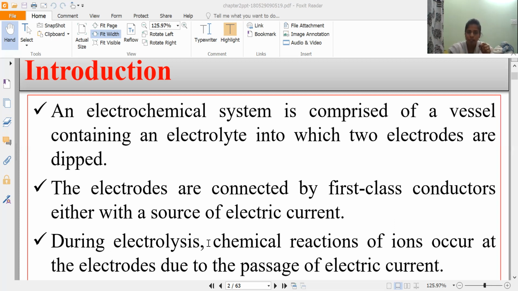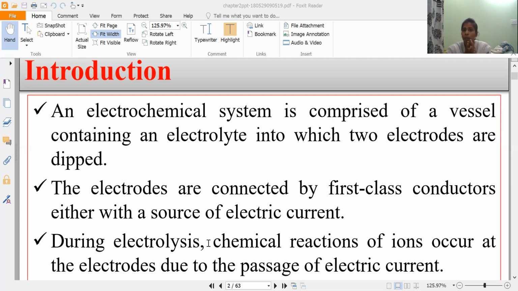During electrolysis, what is electrolysis? Electrolysis is nothing but the electrolyte we are taking starts decomposing when the two electrodes are connected with the help of electrical current. That is called the electrolysis process.